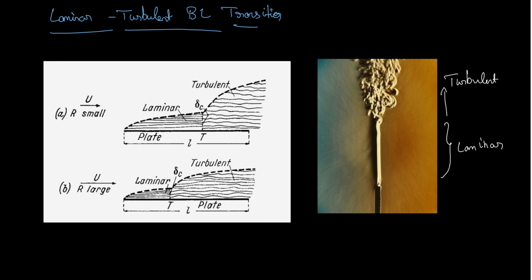For example, if I consider a very long plate, the laminar nature exists only till a certain extent, beyond which the Reynolds number will become very large, and we'll have the turbulent boundary layer created, and the flow inside the turbulent boundary layer is very complicated to analyze using the primitive expressions that we have derived.